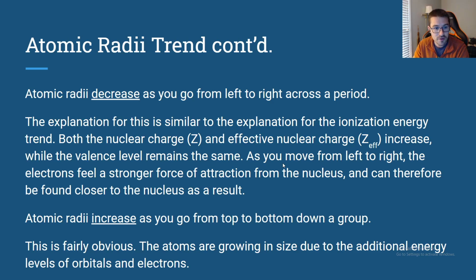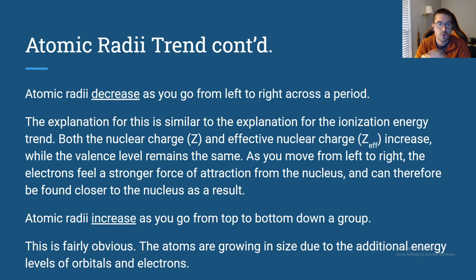Okay, I believe that's it for the video. So there will be a problem-solving video where, like I said, we're going to look at some different sets of elements and try to predict which elements would be smaller, which ones would be larger, which ones would have higher ionization energies, which ones would have lower ionization energies, that sort of thing.